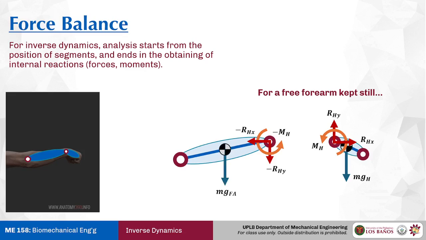In order to resist the gravity on the hand and on itself, there has to be another set of reaction forces and reaction moment that will resist the increasing effect of gravitational force. So this is the force balance or the free body diagram for the hand and the forearm.